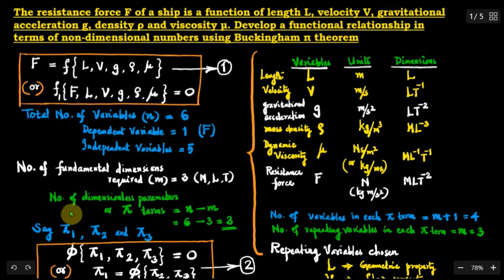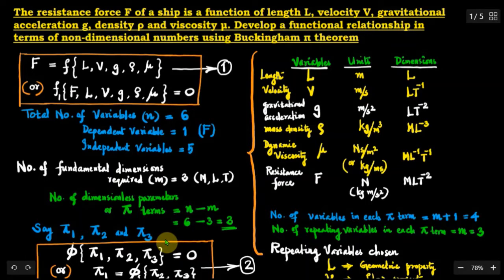So therefore, number of dimensionless parameters is equal to n minus m, that is 6 minus 3, which is equal to 3. So therefore, in the given problem, number of pi terms, prominent dimensionless groups, is equal to 3, and let us say pi 1, pi 2 and pi 3.